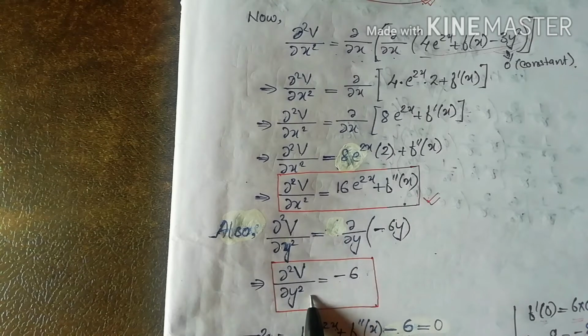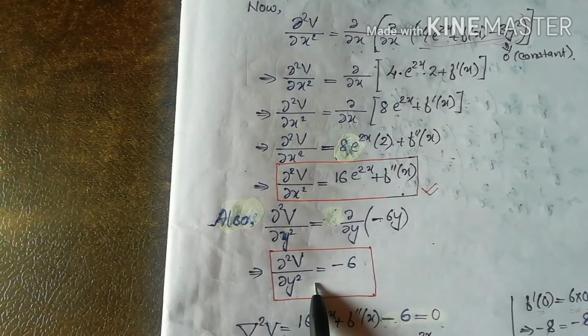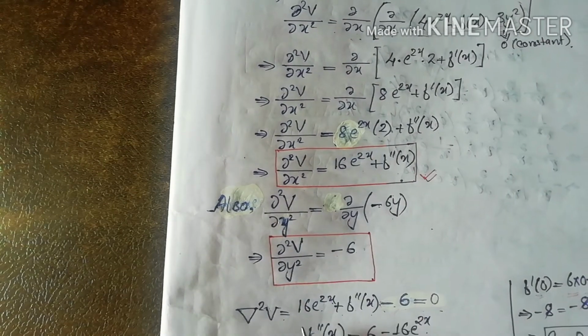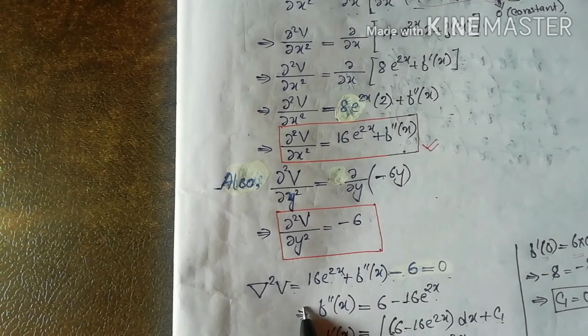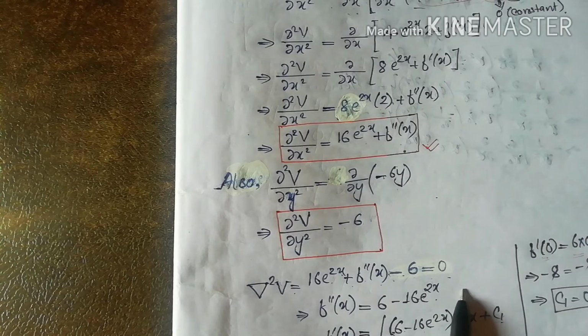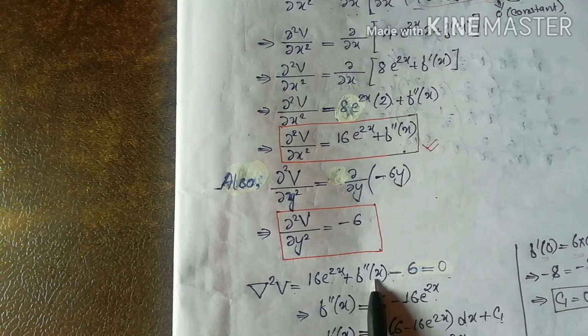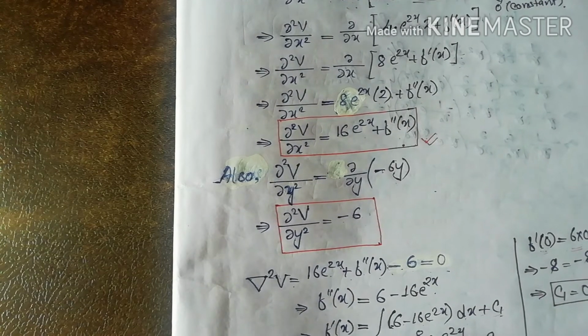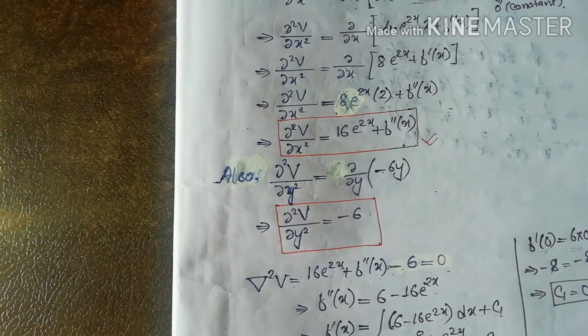This is del squared V by del y squared. Now we write del squared V equals 16e^(2x) plus f double prime x minus 6 equals 0, that is del squared V by del x squared plus del squared V by del y squared. Now we will find f prime x, and from that we will get f(x). First we get f double prime x equals 6 minus 16e^(2x).